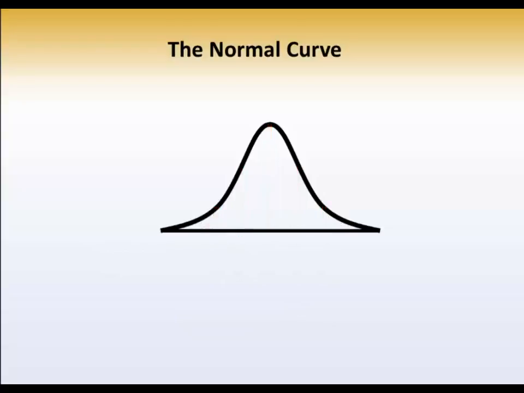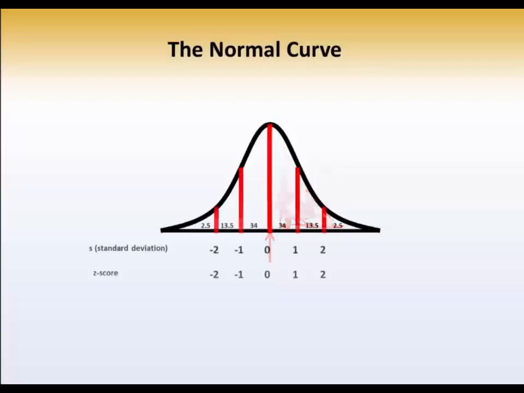And we illustrated before that 50% of the observations fall below the mean. Well, in fact, 50% of the observations fall above the mean. So we could use that information to look at areas in a different way. Here we see the same graph we saw before. 84% of the observations fall from 1 standard deviation below the mean to positive infinity.